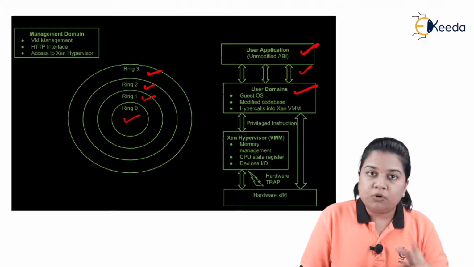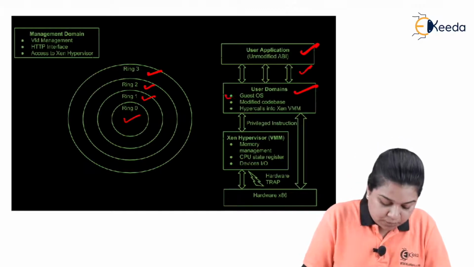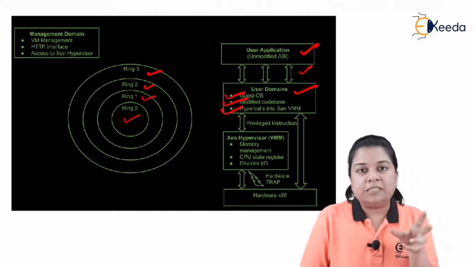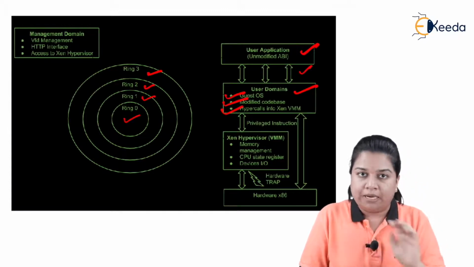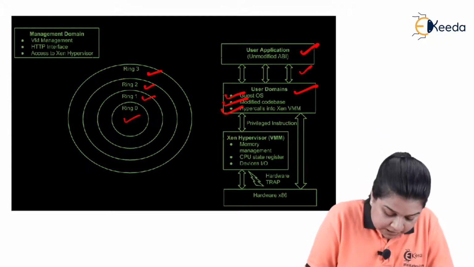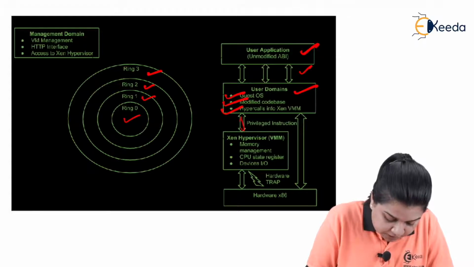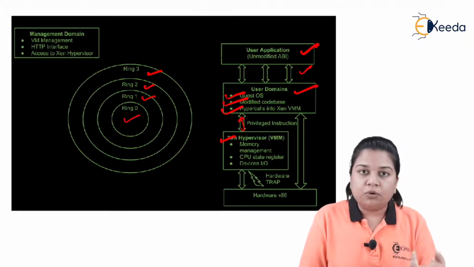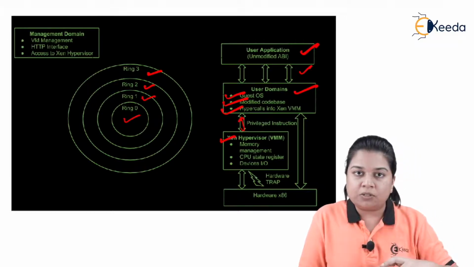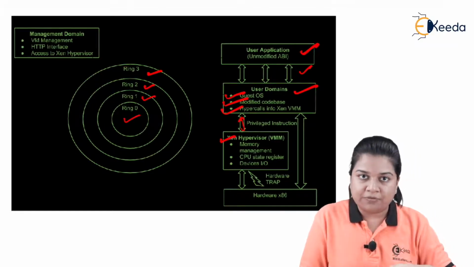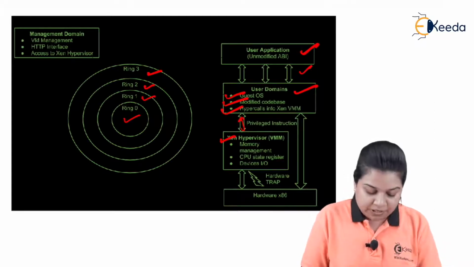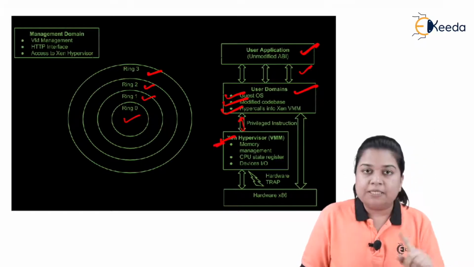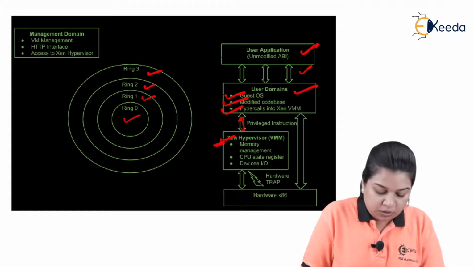Here, the user domain has three things: guest operating system, modified code base, and hypercall into the Xen virtual machine manager. Then there are some privileged instructions here with the Xen hypervisor. So now the user domain passes privileged instructions to the Xen hypervisor and vice versa. That means the Xen hypervisor also passes some privileged instructions to the user domain.